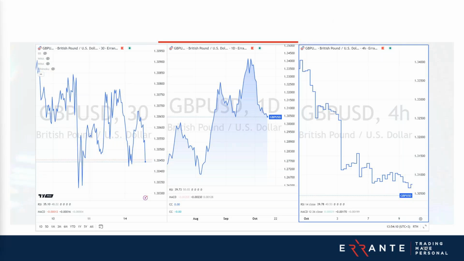Sometimes simplicity is all you need to make sound trading decisions, especially when you're looking to identify long-term trends or filter out intraday volatility. Let's dive into how these charts work and when to use them.